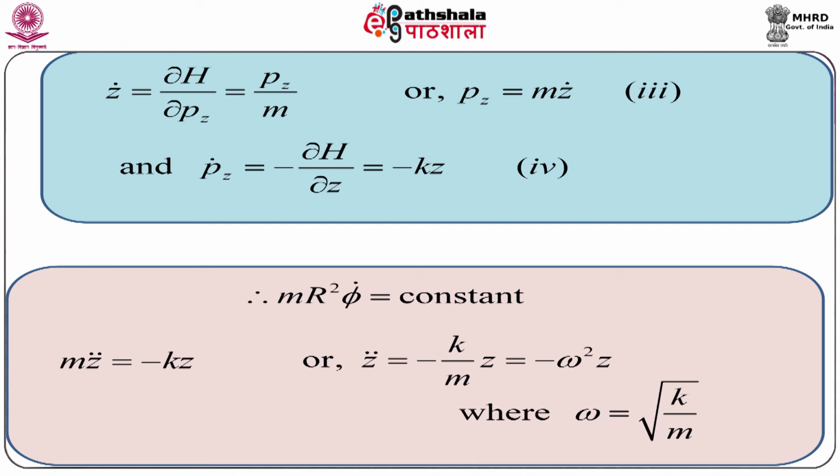If we put k divided by m equal to omega square, then we have z double dot equal to minus omega square into z. As omega square is a positive quantity, one can say that the pendulum moves in a simple harmonic way. So the motion is simple harmonic in z direction.